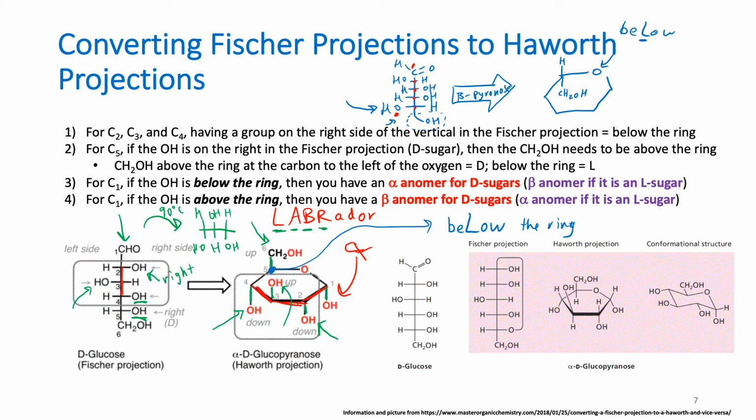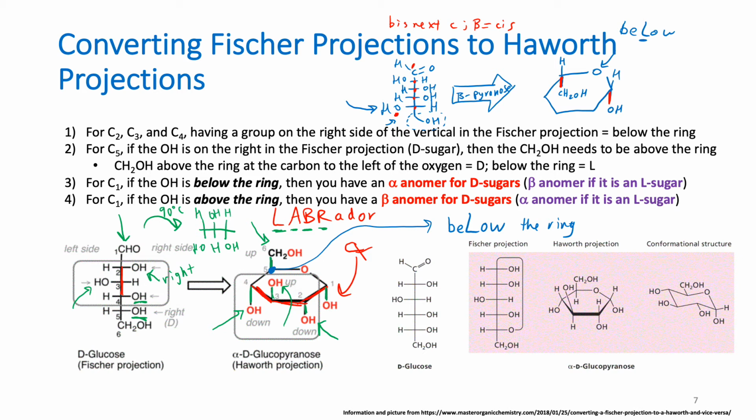And then I said it's beta. Remember, beta is cis, and so that means that my OH has to occur down in order to be beta. I'll emphasize that by showing that they're both down, meaning beta. I know it's beta because B is next to C. There's so many mnemonics. Beta is cis. Okay, and then lastly, to finish off this molecule, we've got to find out where the other groups go.